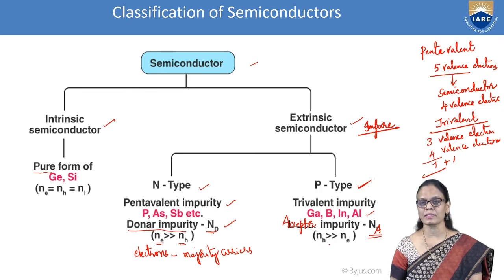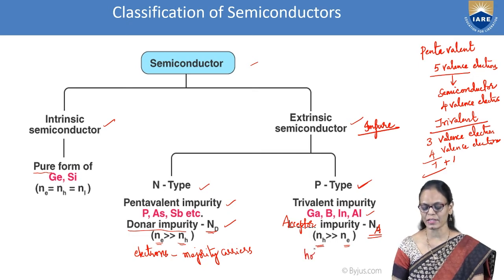In this case, Nh is greater than Ne, meaning the concentration of holes is more than the concentration of electrons. So the majority carriers here are holes. This is what we need to understand before we go ahead.